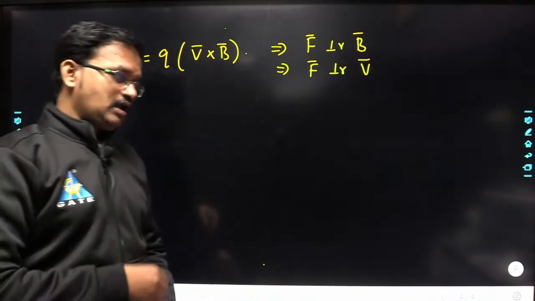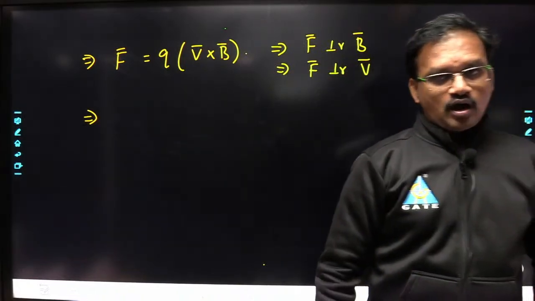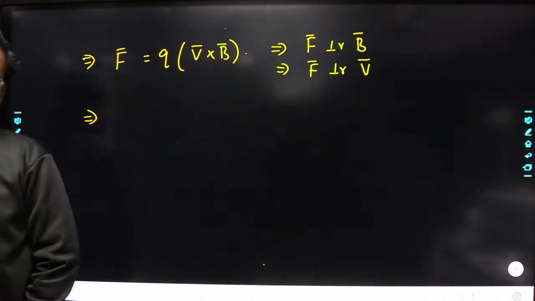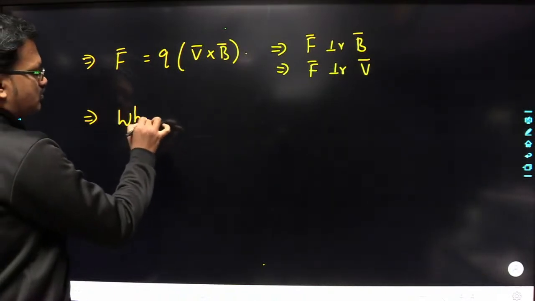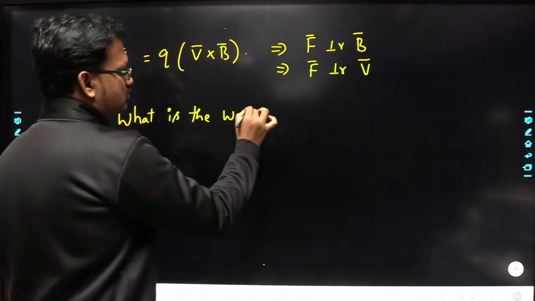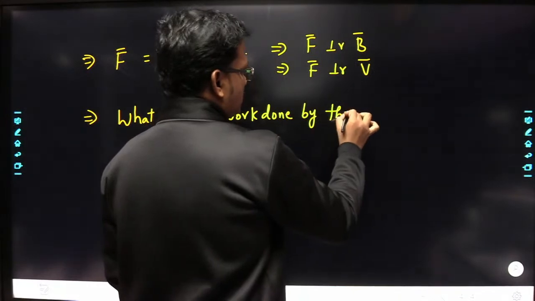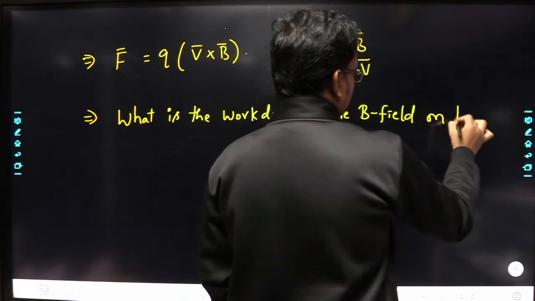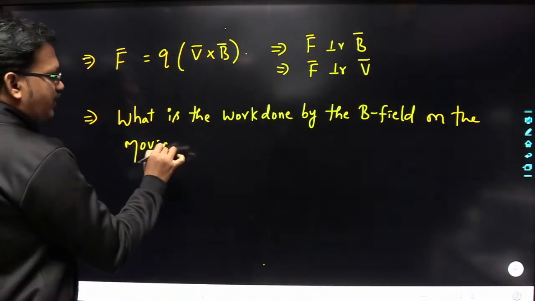How can you determine the work done on the moving charge in the B field? What is the work done by the B field on the moving charge?